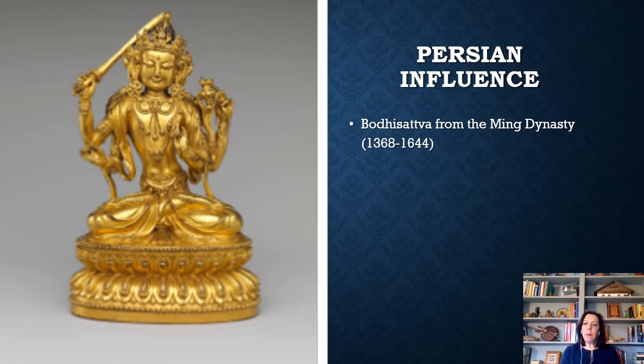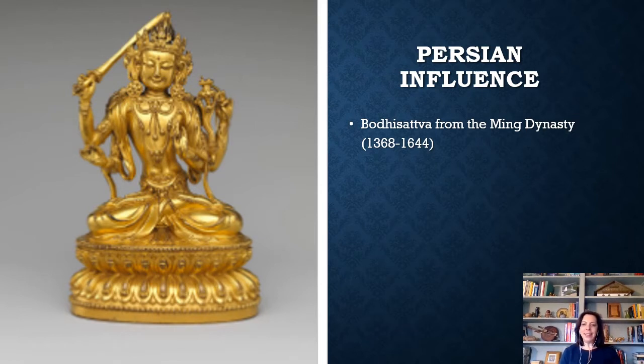When I showed you the map, I indicated that the Silk Roads also went through Persia. And this is an example. Again, this is still Chinese art. This one is from the Ming Dynasty. But this looks very Persian, and it's a bodhisattva, so definitely from the Buddhist religion, also would have been part of that trading of religious values and practices.